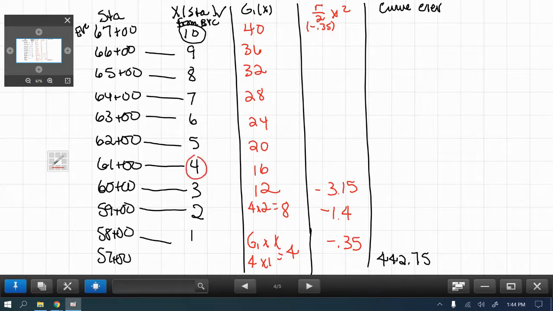It's 4. I was just looking at 4 squared times a negative 0.35. That's a negative 5.6. A negative 8.75. A negative 12.6. A negative 17.15.